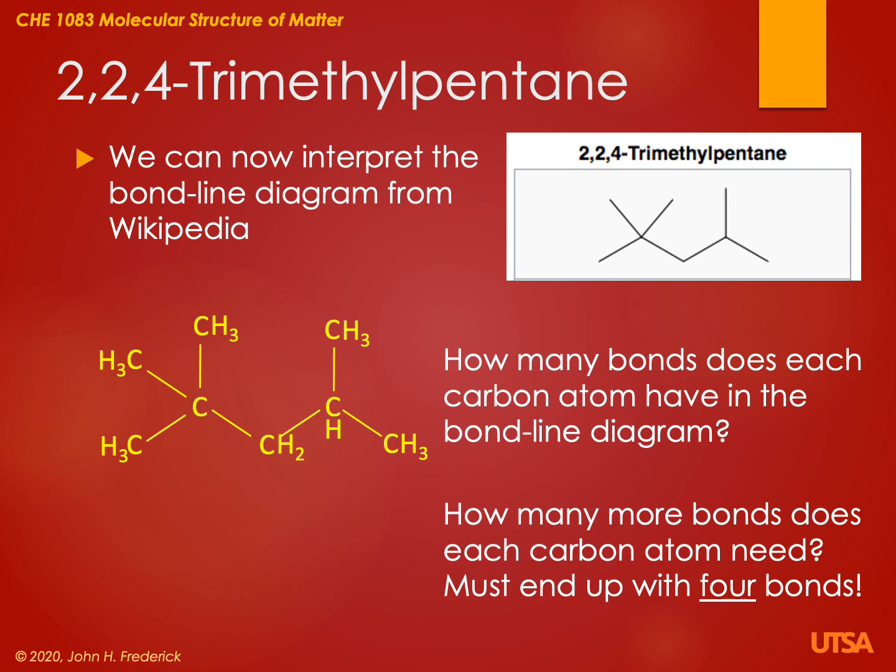When we erase the numbers, we now have a Lewis structure for 2,2,4-trimethylpentane. In case you're interested, this is actually the primary ingredient in gasoline, the stuff you put in your car, and this is what people are measuring when they give gasoline its octane number. This is the molecule that gives rise to that octane number. It has a formula of C8H18, as do all of the octanes.